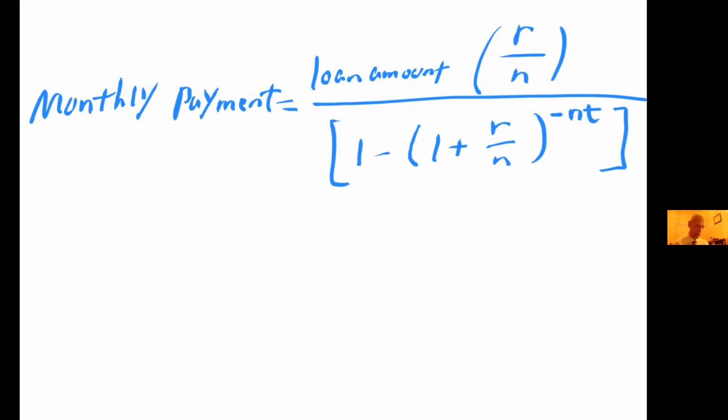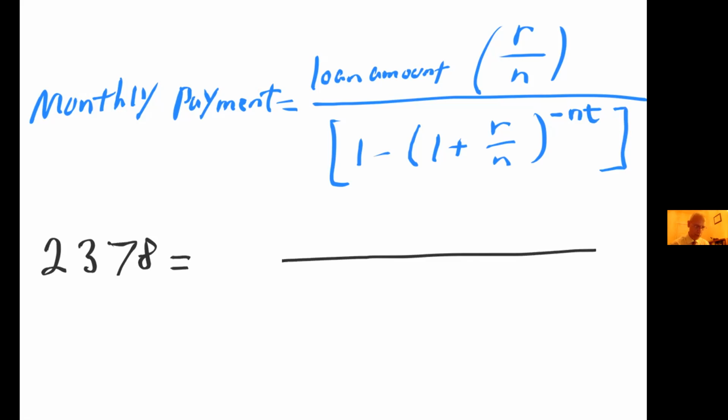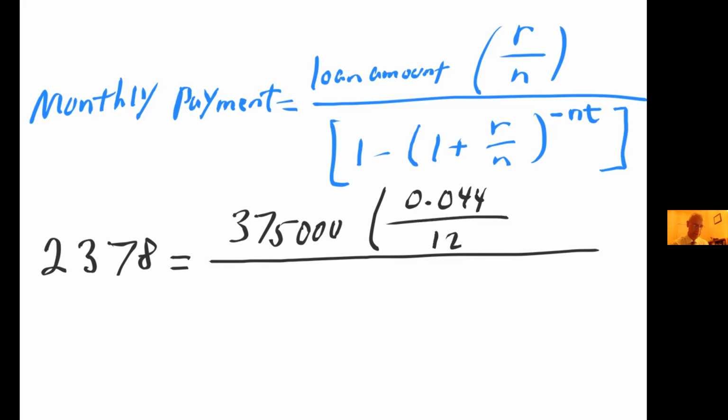The monthly payment that you can afford is $2,378, which equals the loan amount, $375,000, times the rate, 4.4 divided by 100, which gives 0.044, over 12.